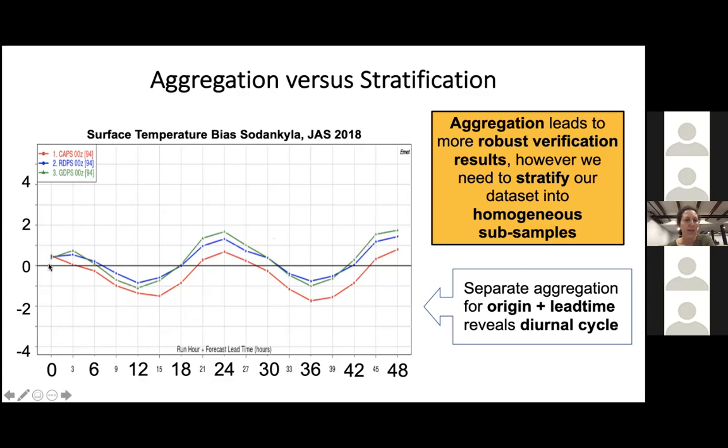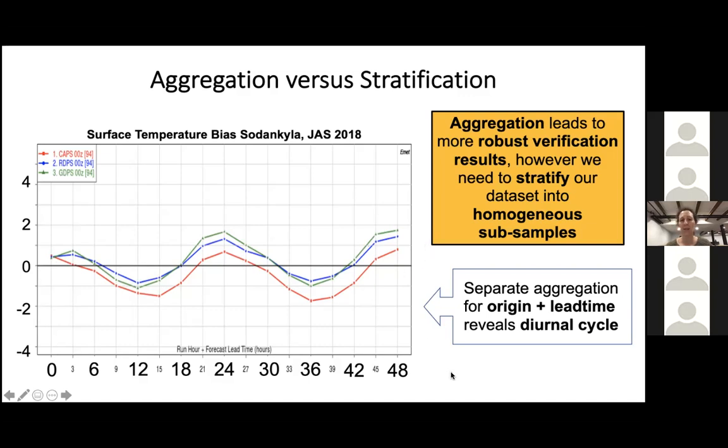Suppose you have forecasts initiated at 0 Zulu and at 12 Zulu, and you put them all together with respect to lead times. What happens? The night time forecasts for the 0 Zulu run are aggregated with the daytime scores for the 12 Zulu runs, so the diurnal cycles cancel out.